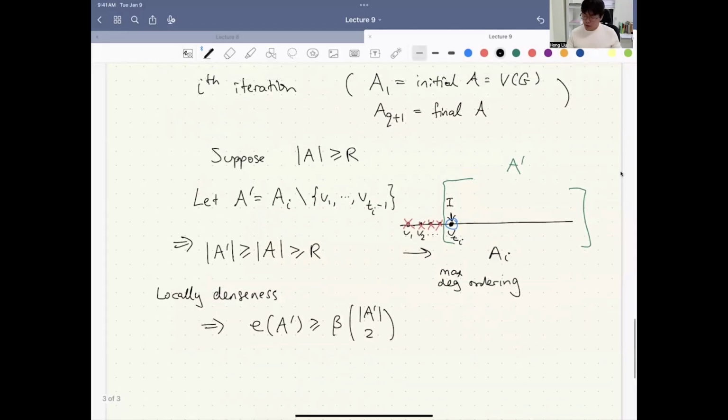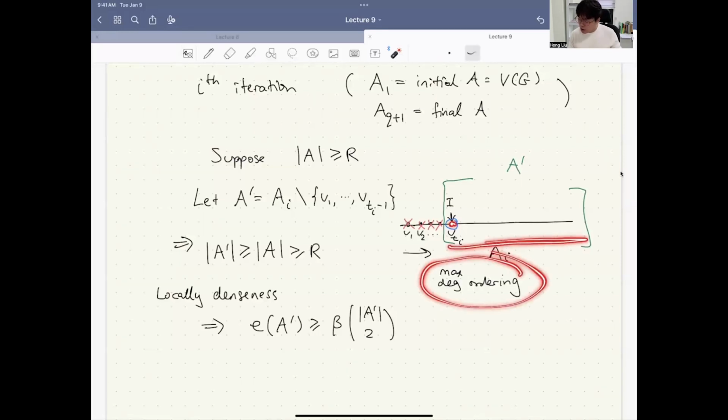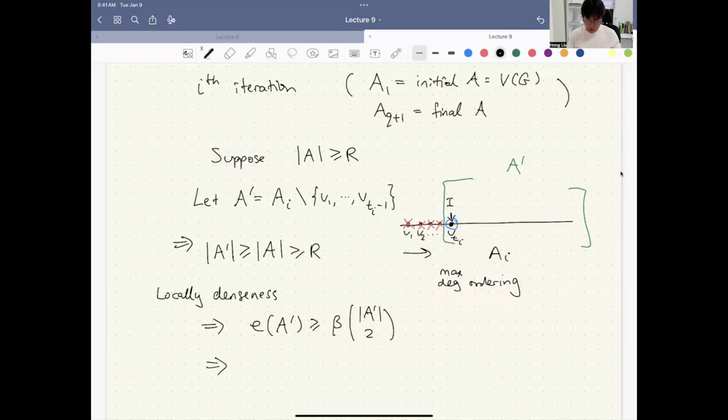And this vertex has the maximum degree by the ordering among A prime, the subgraph induced on A prime. So this implies that the degree in G of A prime of the vertex VTI is at least the average degree of A prime, which equals beta times A prime minus 1. This is just calculation, no problem.